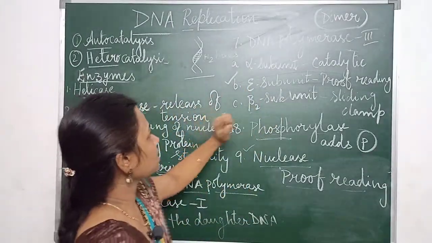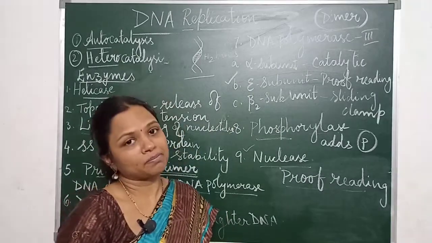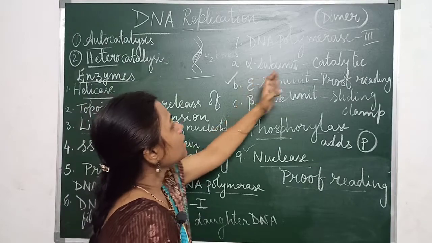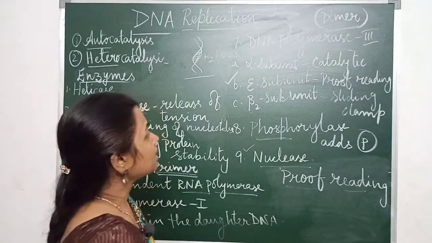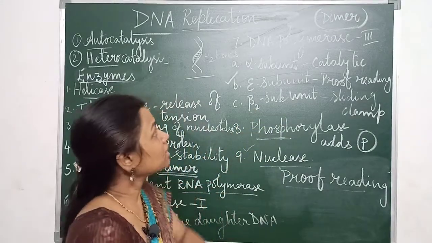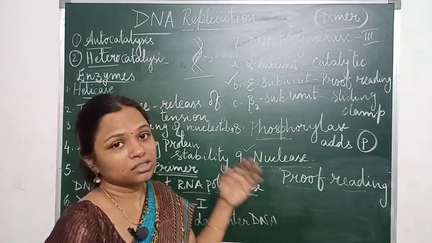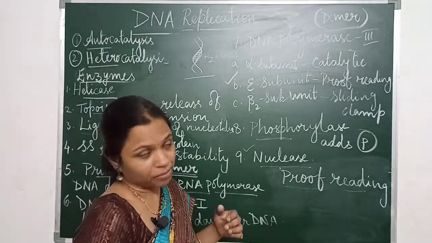As we have discussed, it has 3 subunits: alpha, epsilon and beta 2. The catalytic property is shown by the alpha subunit, and beta 2 acts as a sliding clamp so that DNA polymerase 3 can cling to the parent DNA and help in replication.